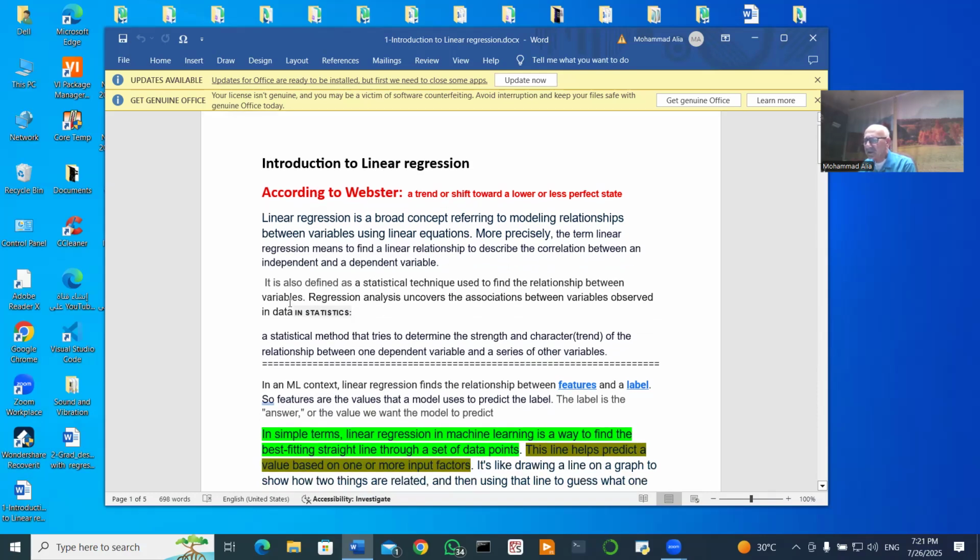Another similar definition defines regression as a statistical technique used to find the relationship between variables. Regression analysis uncovers the associations between variables observed in data, and so on.